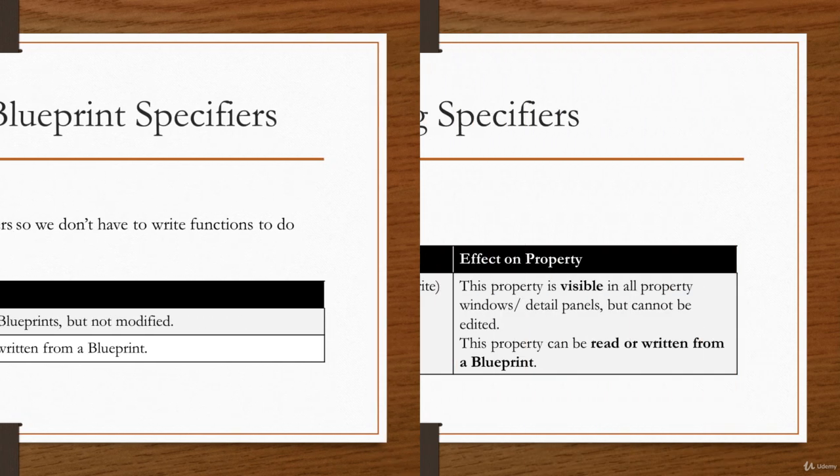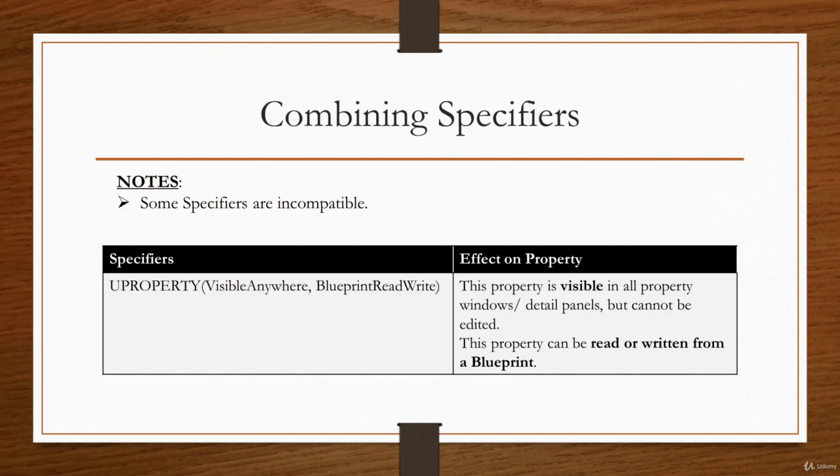blueprint graphs. So we've seen examples of the blueprint specifiers previously in the UObjects lesson. So blueprint read-write, blueprint read-only. We've seen what those do previously. But it's important to look at how we can combine some of these specifiers. Now, I would like to note that some specifiers are incompatible, as we've seen.